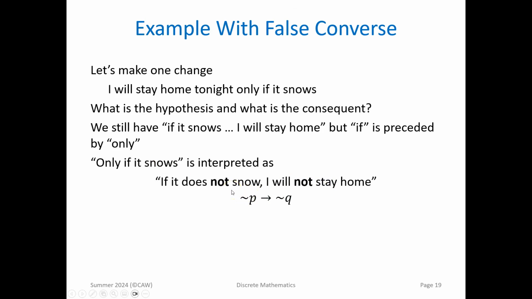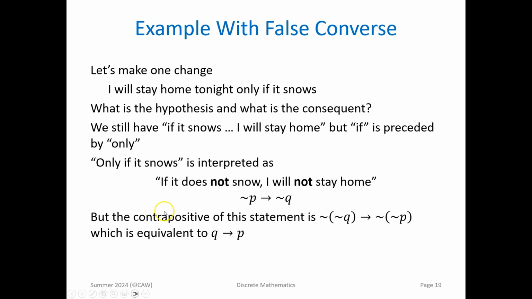Let's put this in formal notation. Not P, it does not snow, then not Q. I will not stay home. But let's look at the contrapositive of this statement. And the contrapositive is equivalent, has the same truth values as this statement. The contrapositive would be reverse and negate.